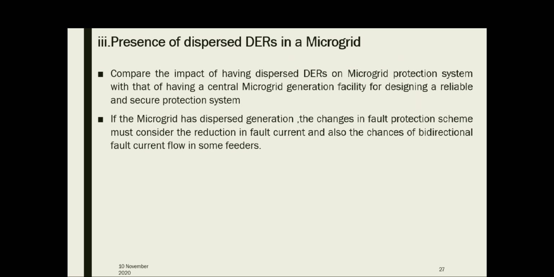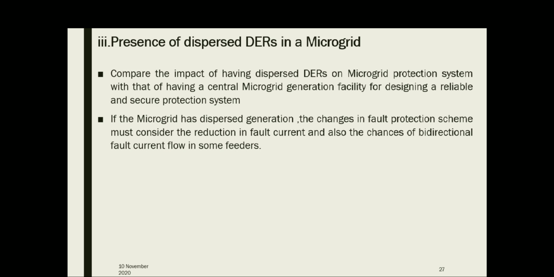Then the third consideration is the presence of dispersed DERs, or distributed energy resources, in the microgrid. That is, the impact of having dispersed renewable energy based resources on the microgrid protection system must be compared with that of having a central microgrid generation facility.